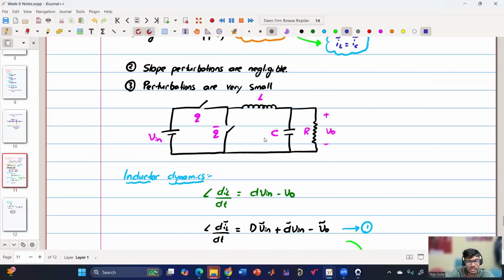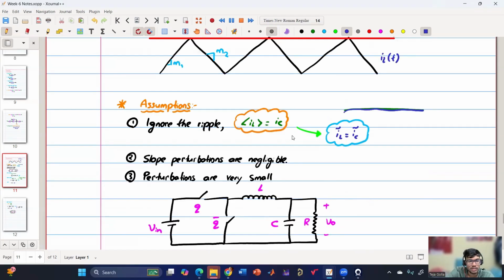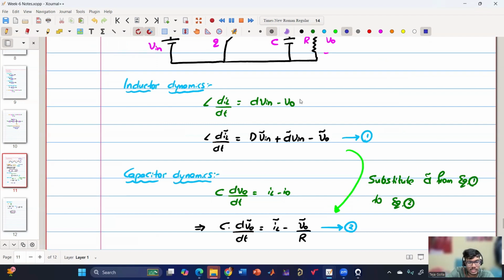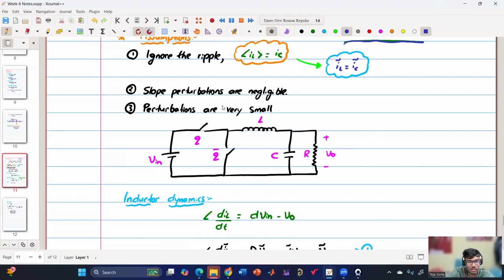We started with the ideal buck converter, and then we got the inductor dynamics. We perturbed and ignored the DC terms because we are only worried about the AC terms. The product of two perturbed terms is also assumed to be zero because of the third assumption.